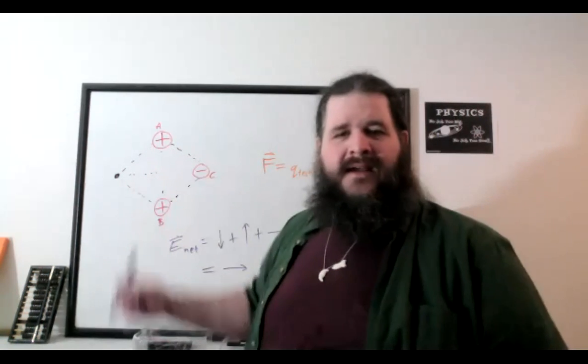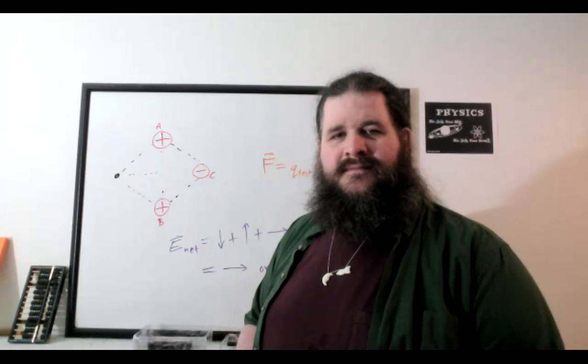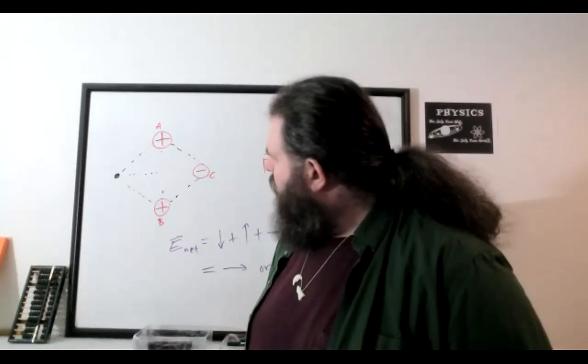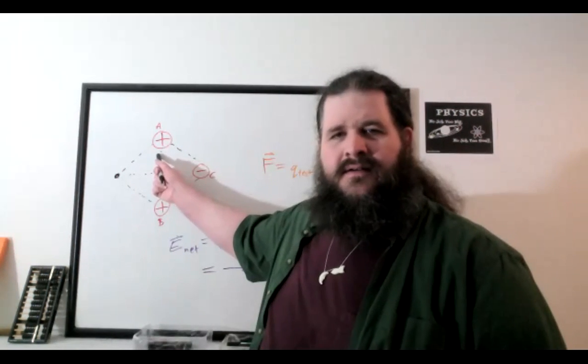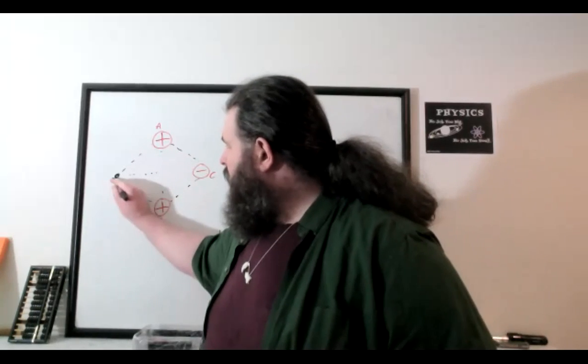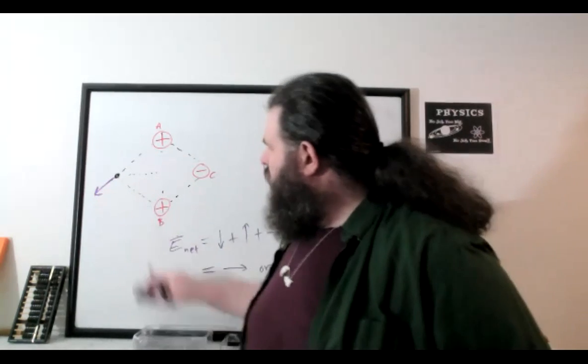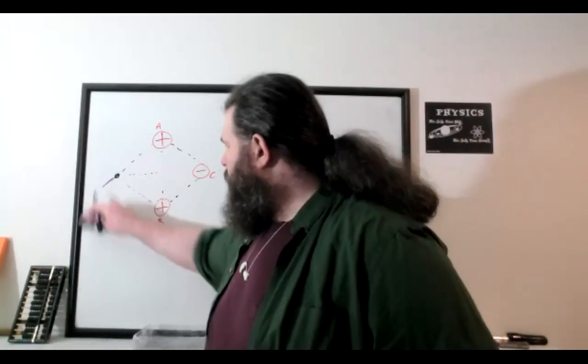Not the force, the electric field. Oh wait, no, you're right, because it is a positive charge, right? Sorry about that. Yeah, the electric field is going to be down and to the left because we should expect electric field away from A. And it's going to be somewhat weaker because we're further away.